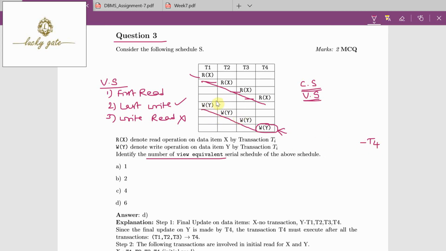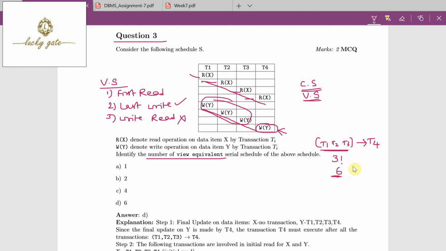And these 3 writes, T1, T2, T3, can appear in any number of ways. With 3 transactions T1, T2, T3, how many possible serial schedules are possible? 3 factorial, which means 6 possibilities in total.